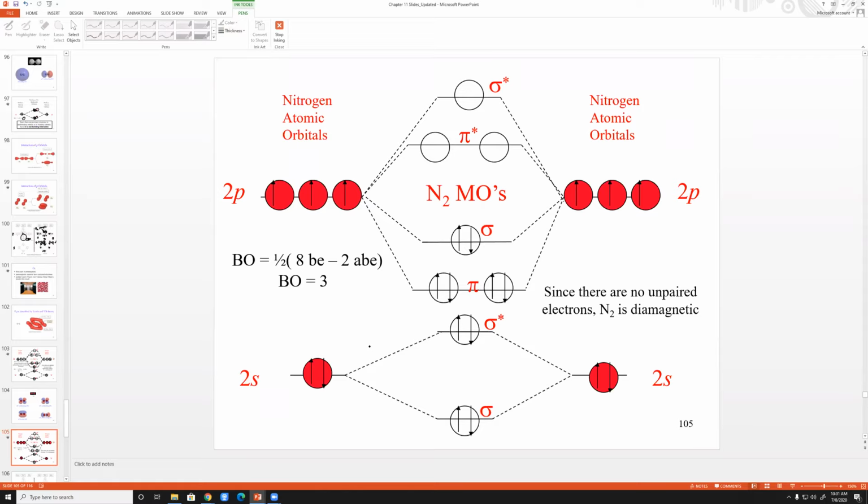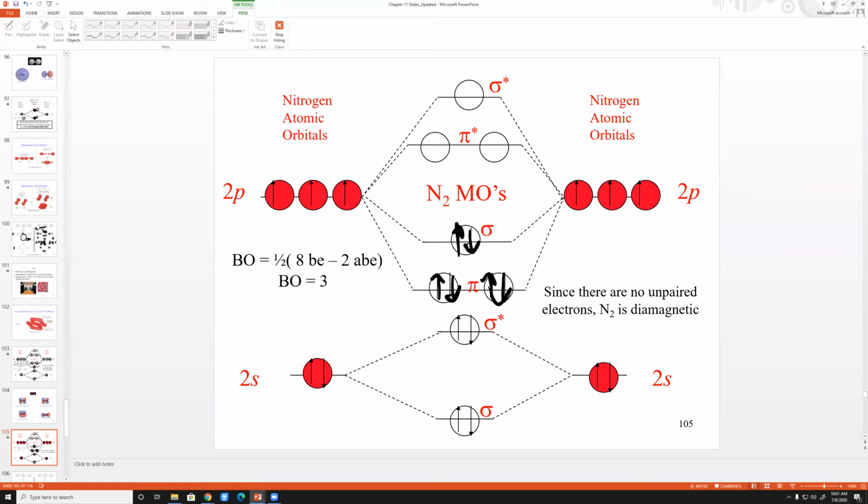We know nitrogen has 2s2, 2p3. If you look at the periodic table, it's the third one in on 2p. So we represent these 2p orbitals with 2 nitrogen atoms, and that's a total of 6 electrons. So it would fill in 1, 2, 3, 4, 5, 6.